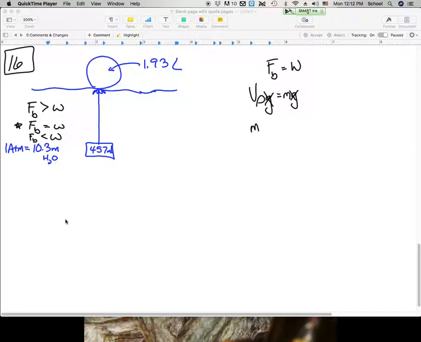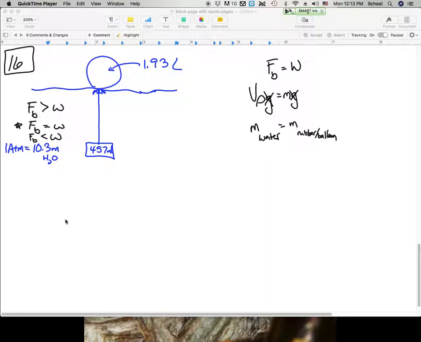So basically the mass of the water has to equal the mass of the rubber and the balloon. That's always going to be true whenever you're floating. Whenever you're floating, you're going to displace an equal mass of whatever fluid you're in. In this case, it's going to be seawater.